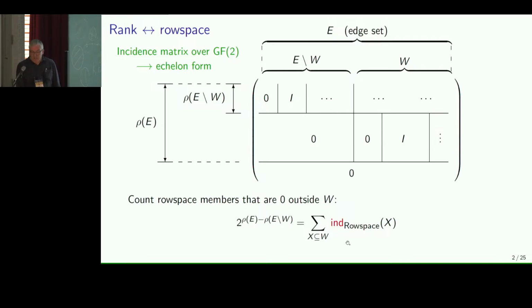We can count that subspace more naively if we imagine we have an indicator function for the row space, which takes value 1 if a given subset is in the row space and 0 if it isn't. And I guess talking about subsets being in a row space, I'm smoothly going over to the characteristic vectors over GF2 of those subspaces.